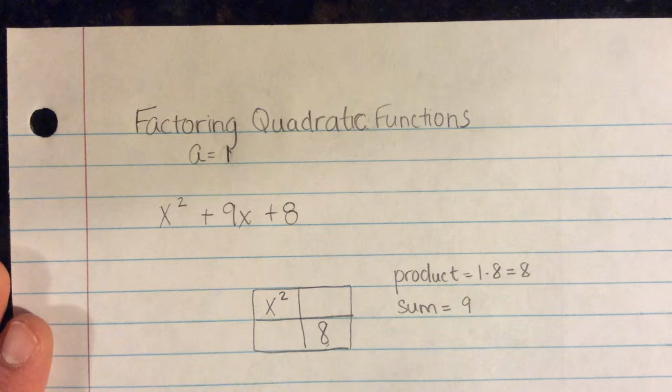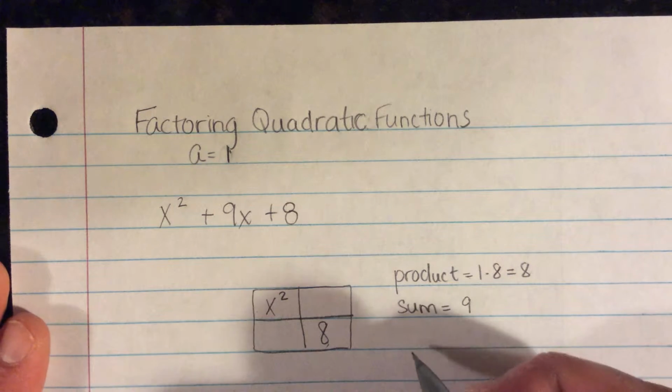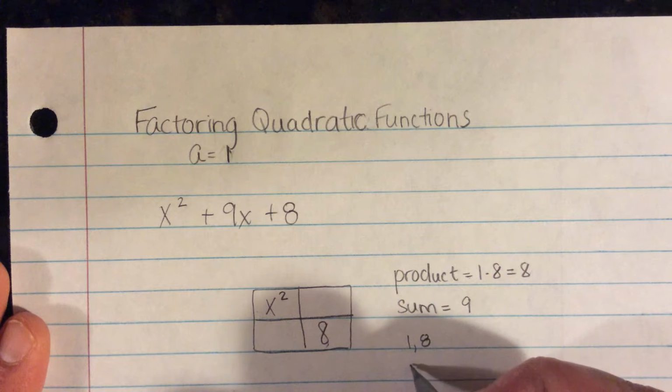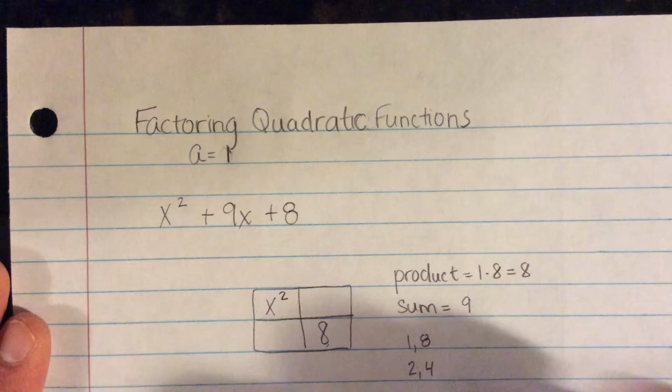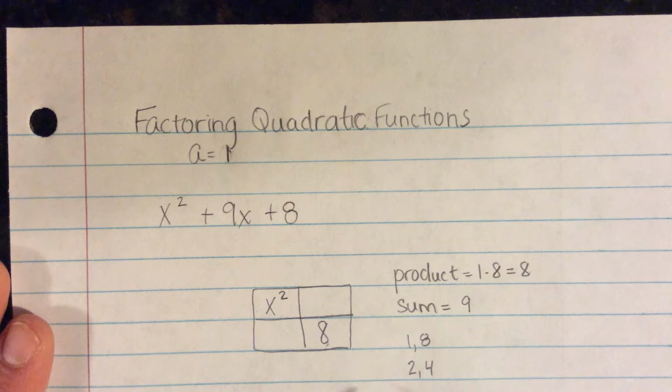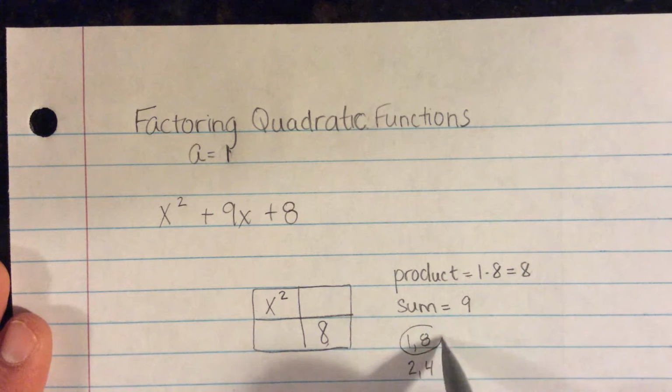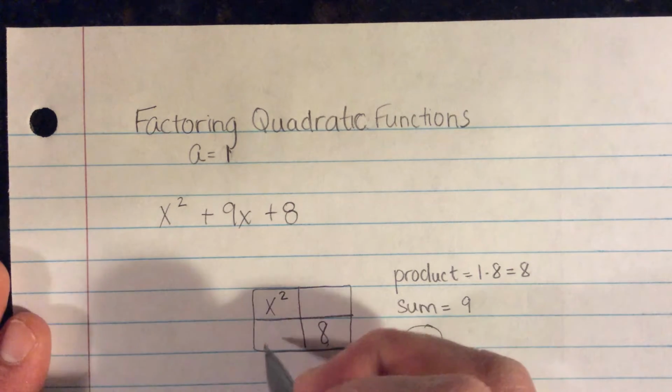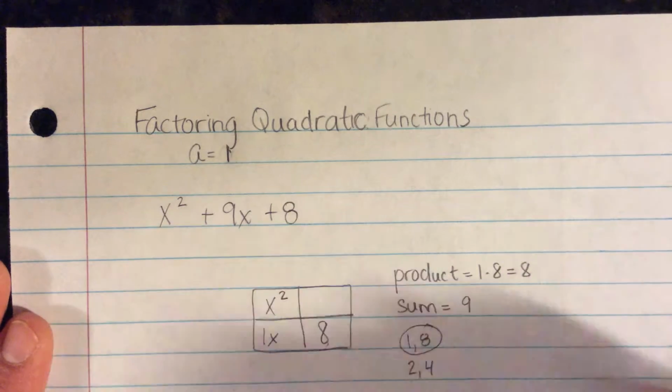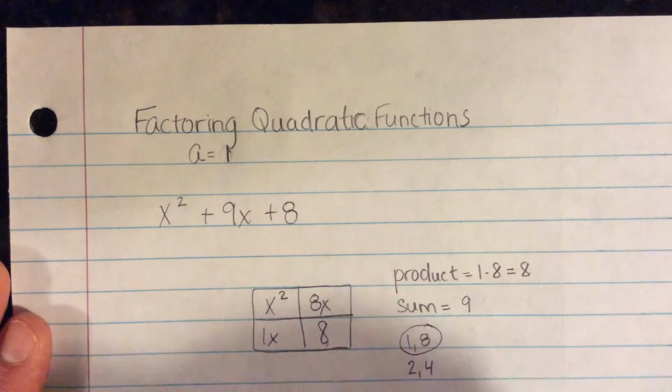The different numbers we have that multiply to 8 would be 1 and 8, and 2 and 4. If you notice, of those 2 pairs, our choice of 1 and 8 adds up to 9. So we're going to write 1x here and 8x here.